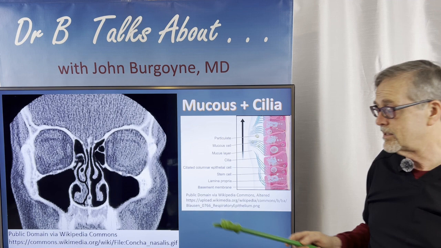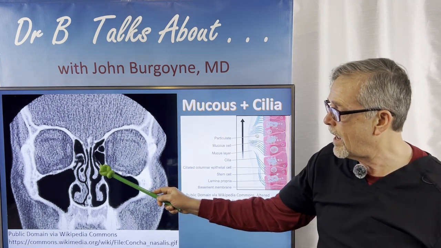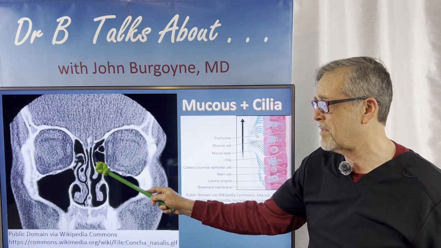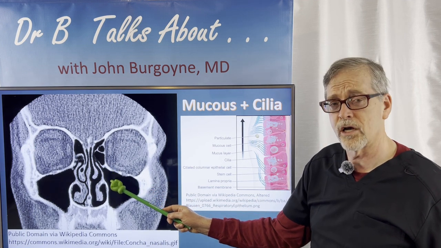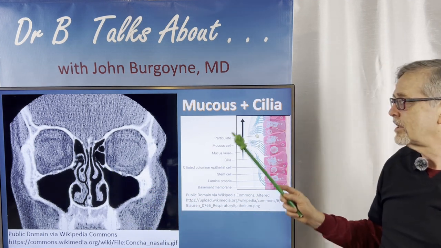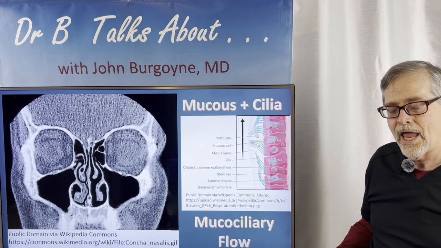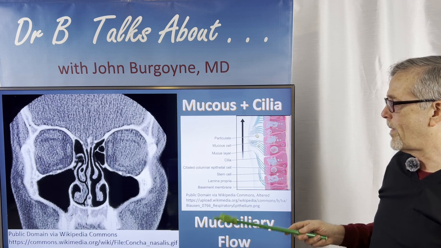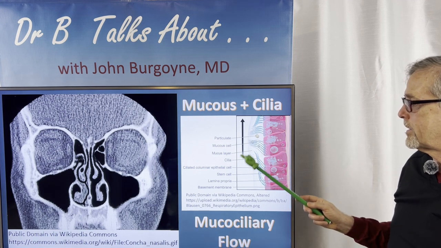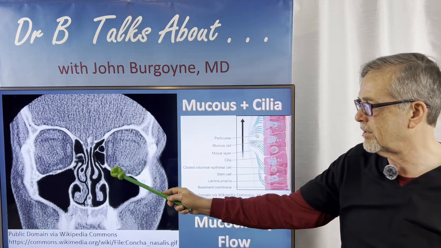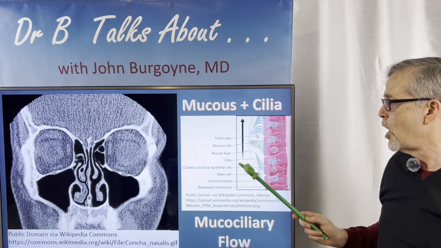The other thing is that you have these spaces, and the nose is just a filthy place. There's so much bacteria in the nose, and bacteria will get in there and cause trouble unless you have this mucociliary flow. So you have the mucus and it's sweeping out. It's really the bacteria that we're worried about because the opening is so small that little particles hardly ever get in there.